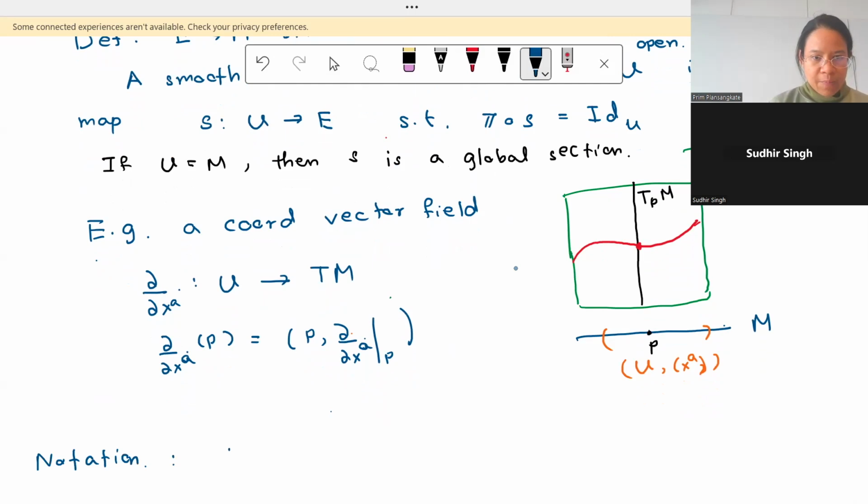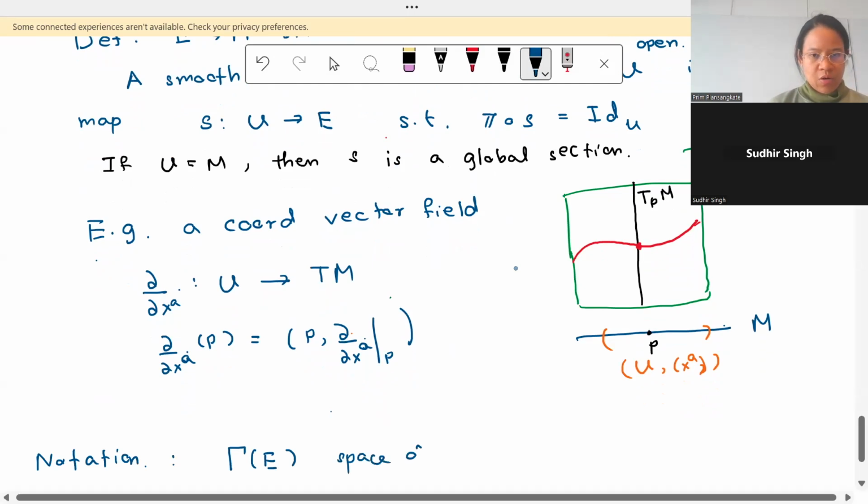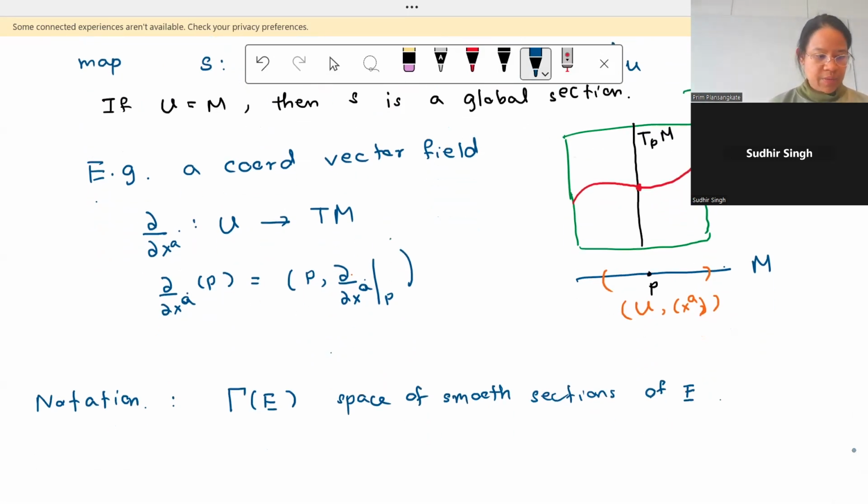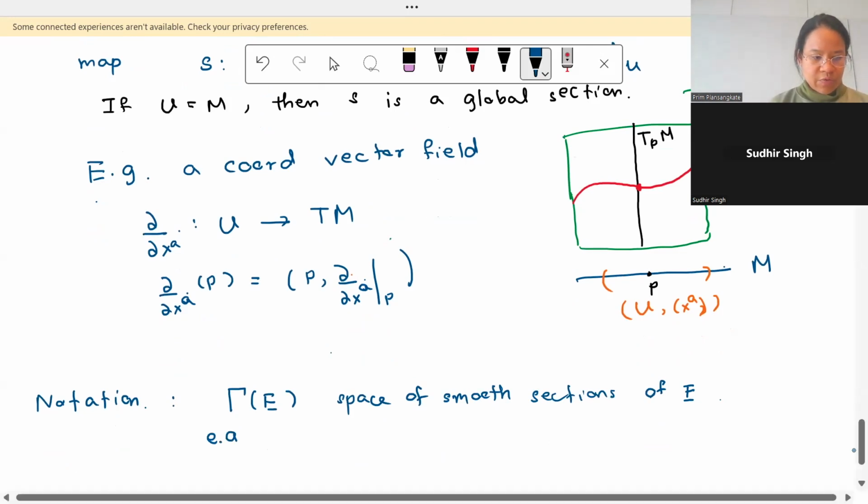I will use capital Gamma of E to denote the space of smooth sections of E. For example, a section of the tangent bundle is a tangent vector field.